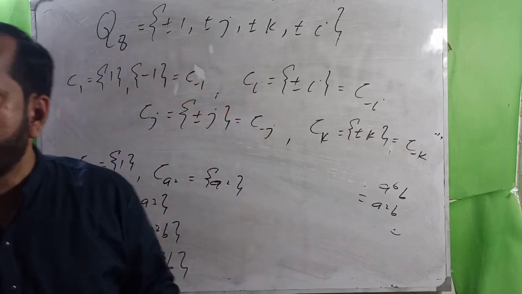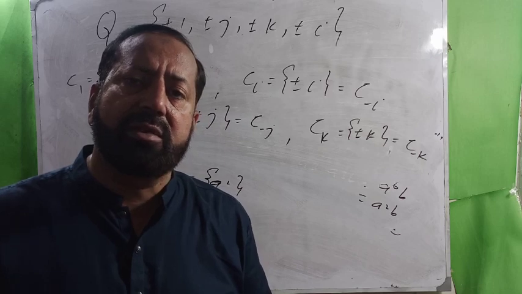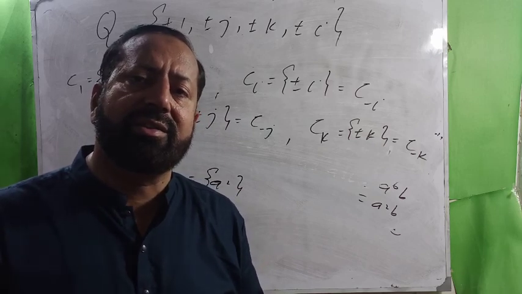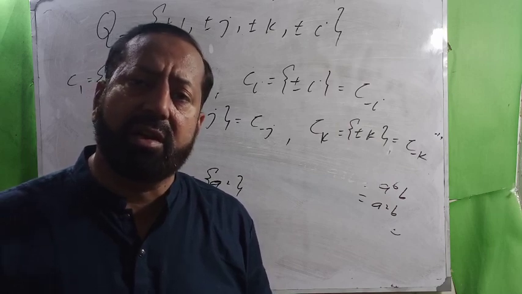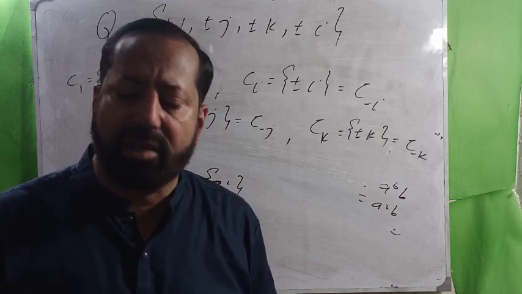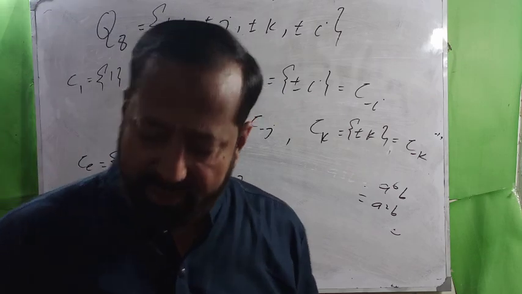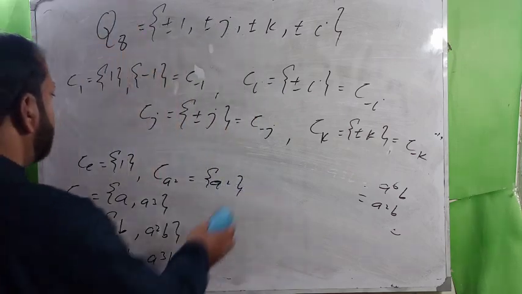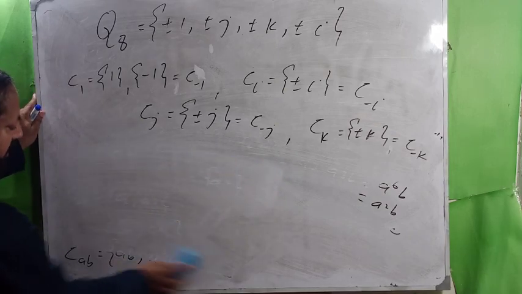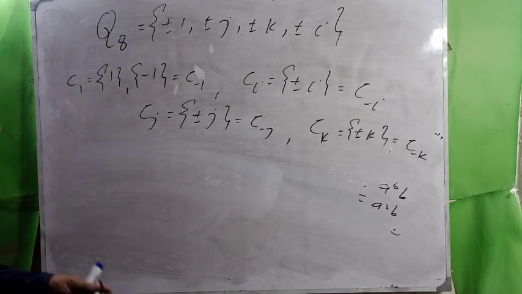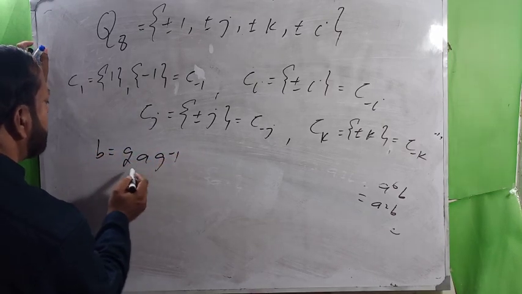Okay, another notable thing is that if G is abelian, then of course every class contains just one element. I'll tell you the idea of a self-conjugate element in the next lecture, and we will start right from here. What is a self-conjugate element? But remember that if G is abelian, then B is equal to G A G inverse.